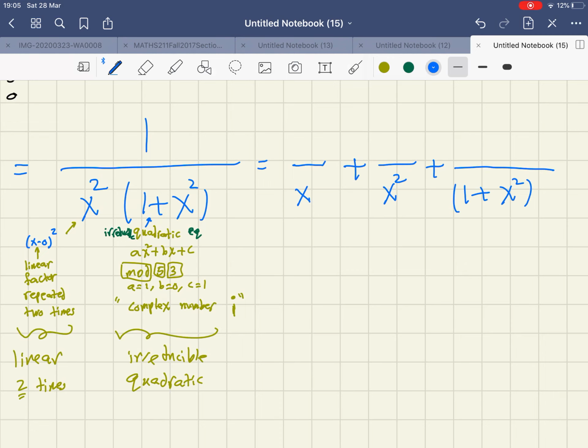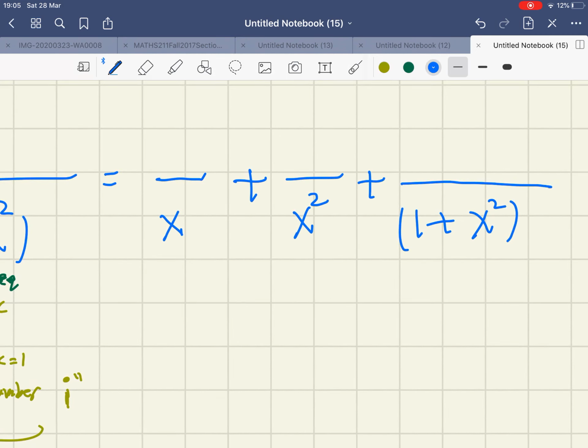Now, if you remember from the last lecture, we said if we have a linear factor, what we write on top is just a number without an x. So I will just go ahead and write A, and again, remember, this is linear, this is x minus 0 squared, so I'll just write another number, which is B. The third one, because this is quadratic, you have to write something like this: Cx plus D. Those are the 4 things that you need to do.